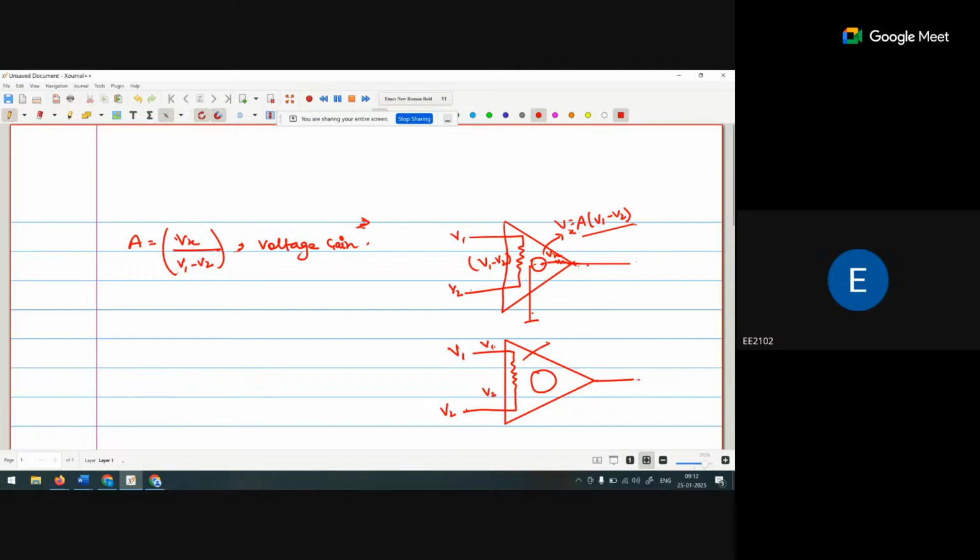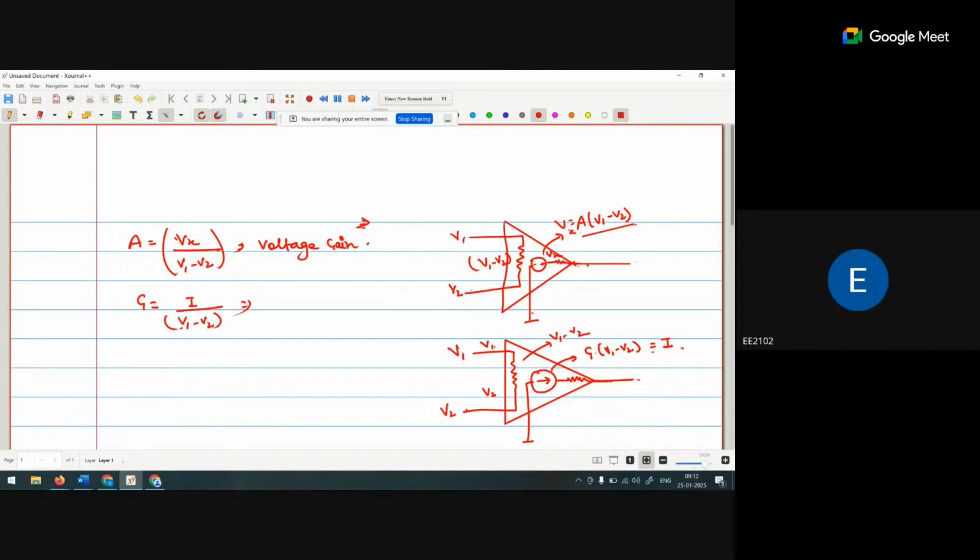The voltage drop across this resistor is V1 minus V2. Now we take this as a current source. This current source I am taking as G of V1 minus V2, and their value is equal to the value of the current source. Now if I calculate the value of G, G is nothing but I upon V1 minus V2.